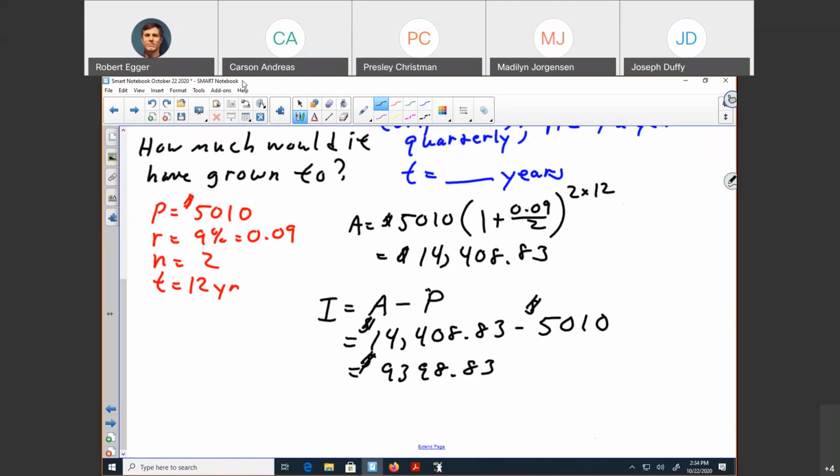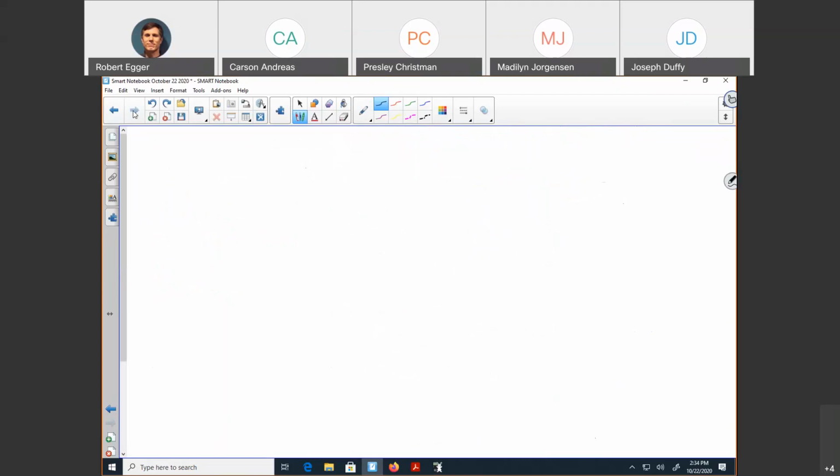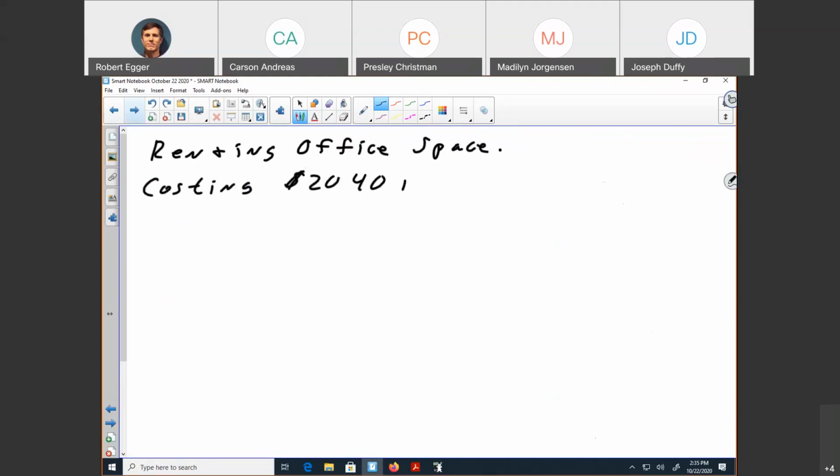Okay. Another word problem. Problem-solving problem. Your office space problem. You're renting an office space, and it's costing you $2,040 per month.